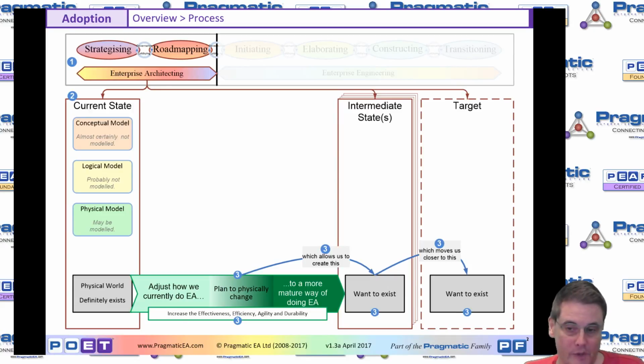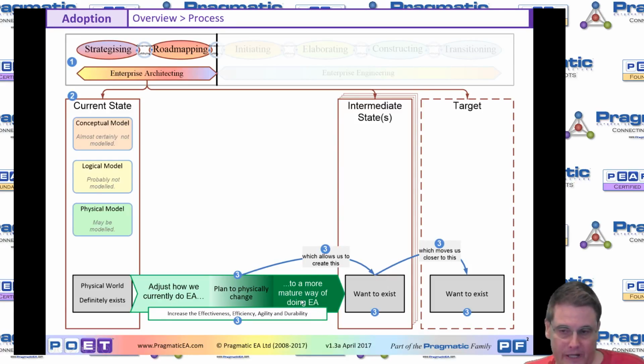The way to do EA in a smaller, less complex company may be less mature, but it's apt for that company. A very complex and very volatile company might not be apt. So it's a case of levels of maturity.